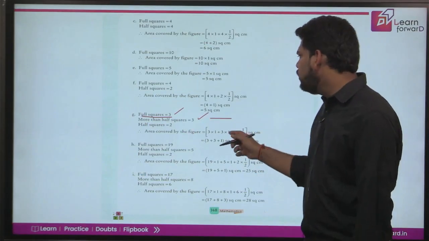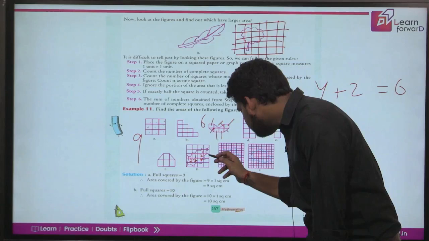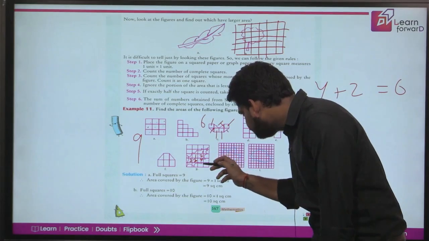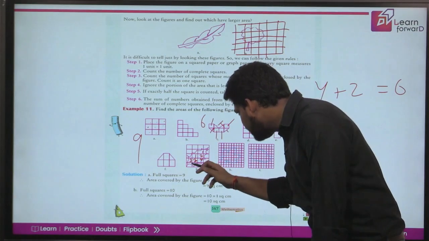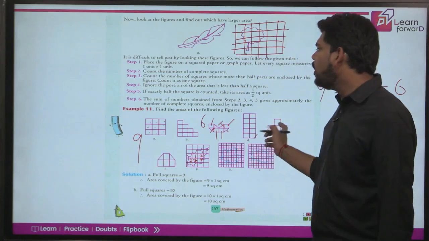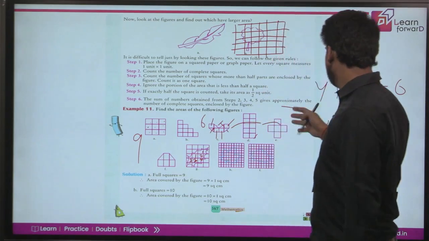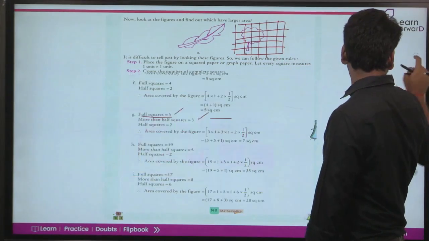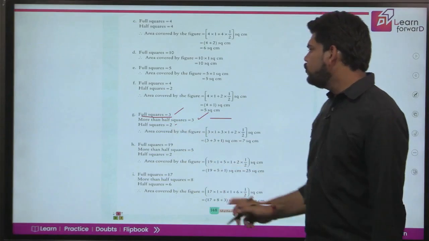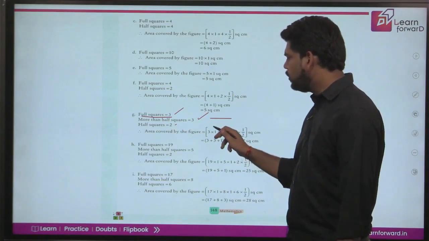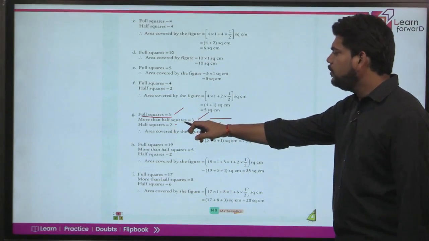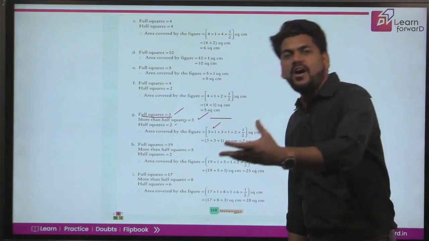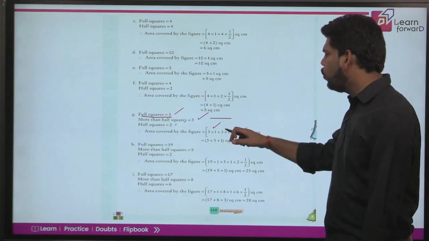Let us see. 2 half squares are there according to them. They might have calculated this one also. So how many half squares are there? 2. So area of square is 3 into 1, 1. Those squares which are more than half, we have taken them as a whole, 1.